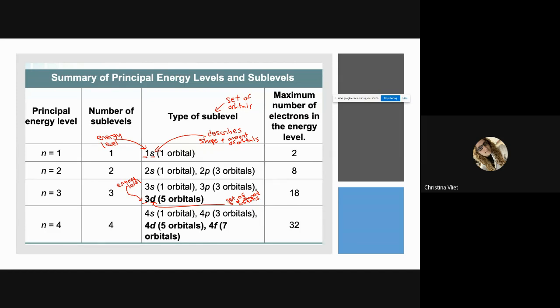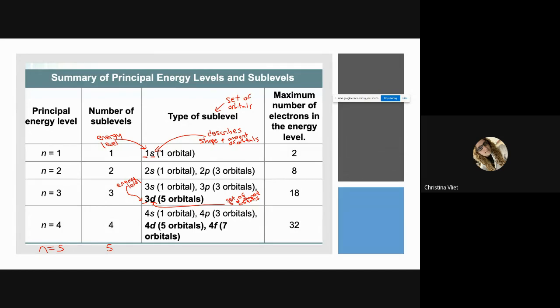So what would n equals 5 look like? Go ahead and write this down. First of all, can you predict how many sublevels there could be? 5. We know that in reality we've only ever encountered 4. But theoretically, there can be 5.